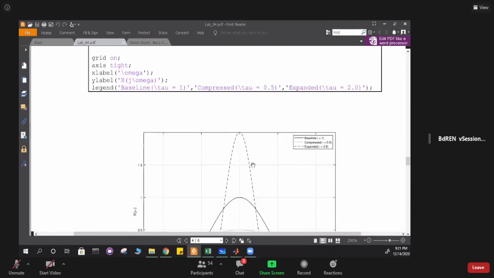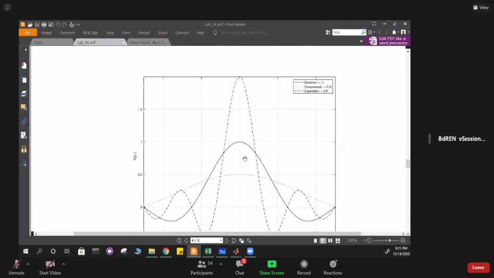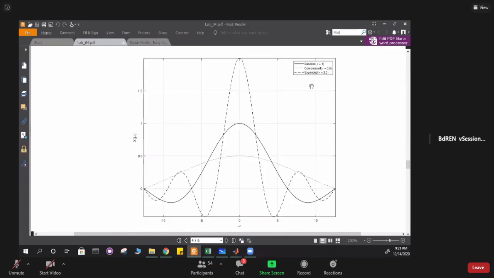So if your rectangular pulse has tau equal to 0.5, 1 and 2, we have the output like this: tau is 2, tau is 1, tau is 0.5. We are getting a narrower spectrum in the case of a higher value of tau. So basically these are inversely related.